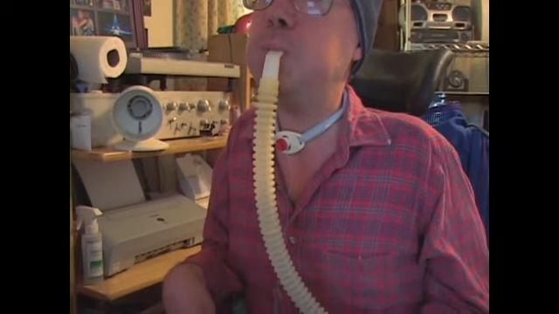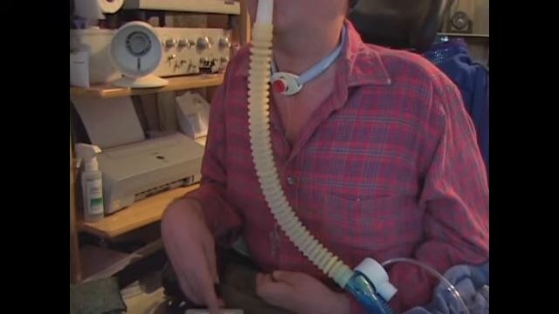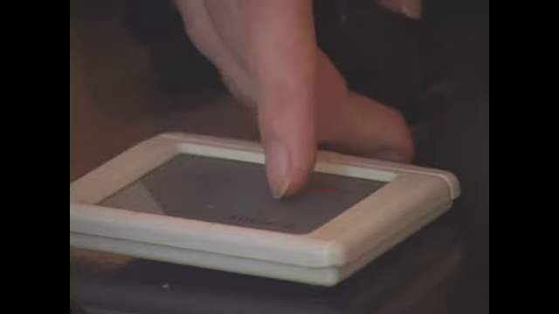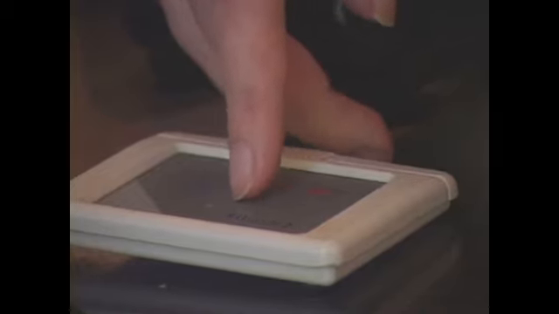Muscular dystrophy is a progressive disease, so all the time I get weaker. I can still move one finger. It's important for me to be able to move my finger, because if I couldn't, I wouldn't be able to use the computer.